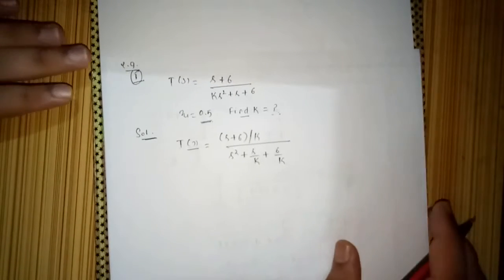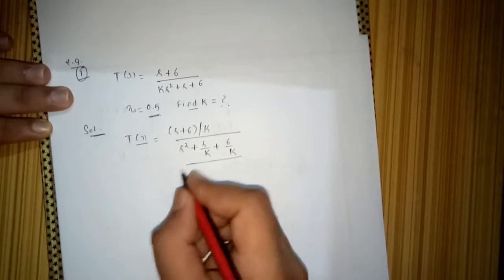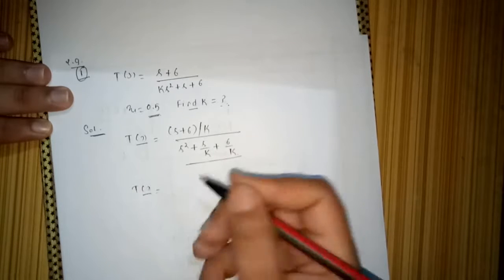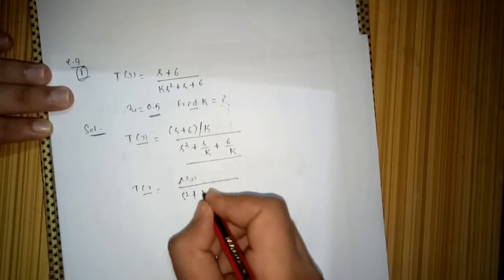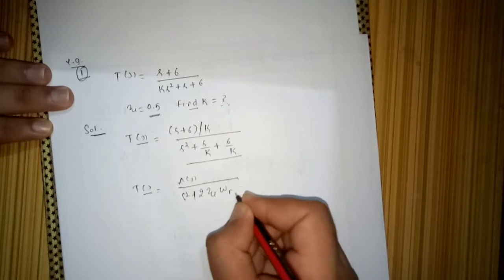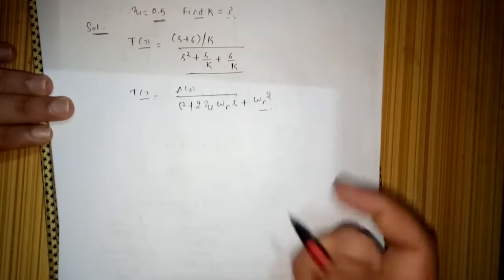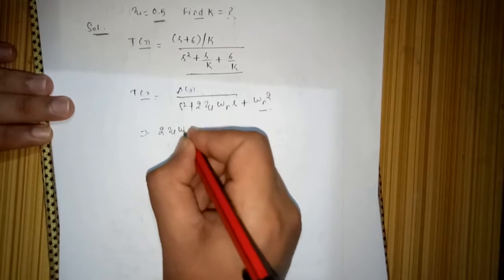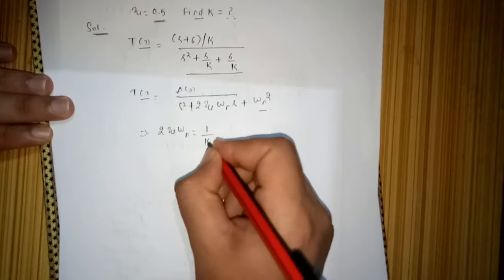And if I compare this characteristic equation with my general transfer function, which I write as s square plus 2 zeta omega n s plus omega n square, if I compare these two characteristic equations, what I get is 2 zeta omega n is equal to 1 by k.